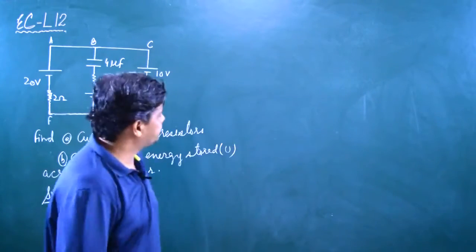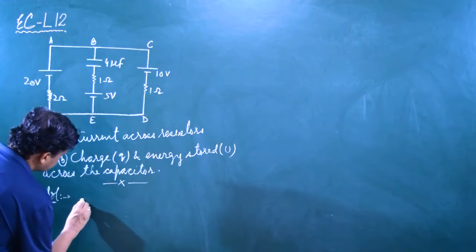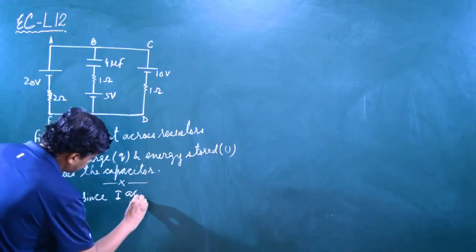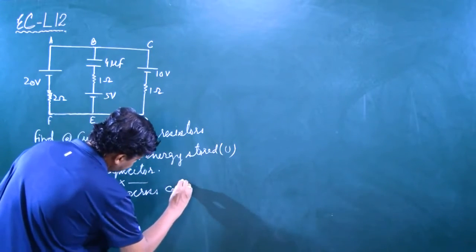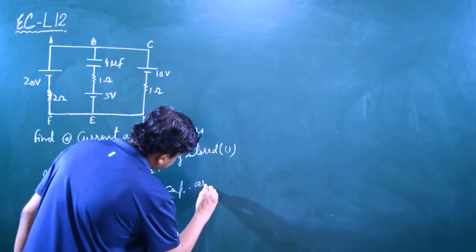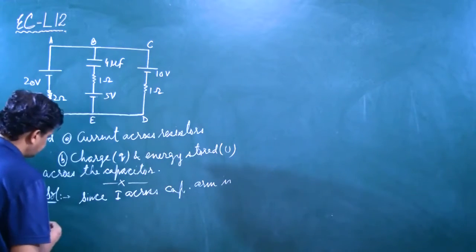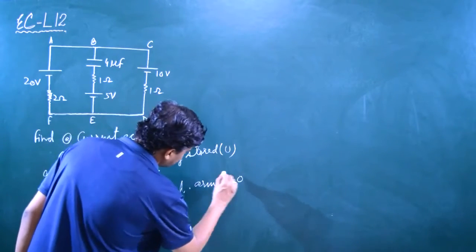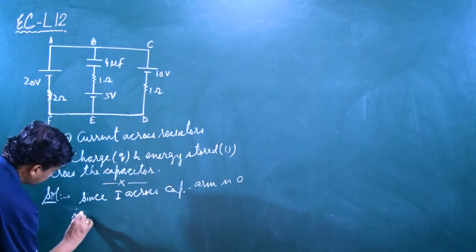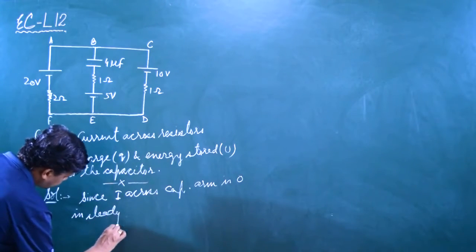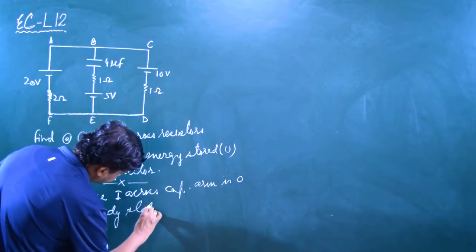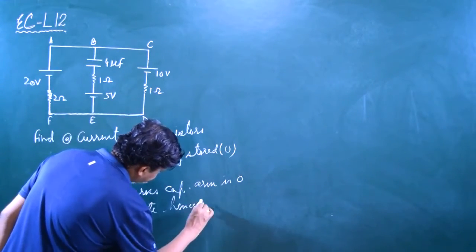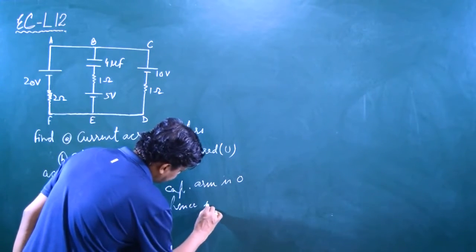So since the current I across the capacitor arm is 0 in steady state, hence it is removed initially.